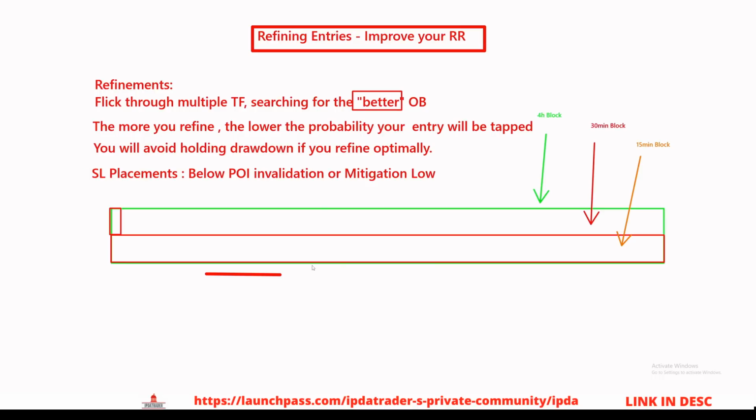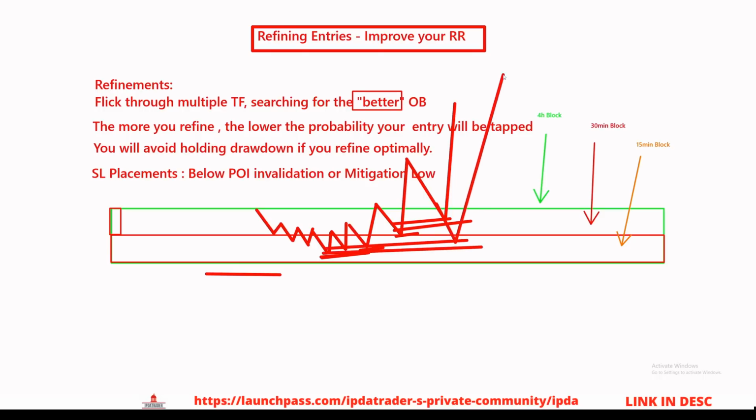So stop loss placements, guys. If you're looking for confirmations within your block, it is pretty straightforward, right? Once you get your confirmation, let's say this is your confirmation and you decide to go long over here, your stop loss has to be here, right? It cannot be here, not here, right? It has to be below the mitigation low, because there's always a probability price can still seek the origin and then move up.